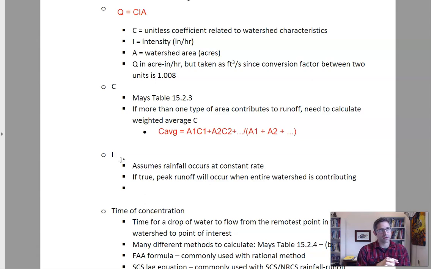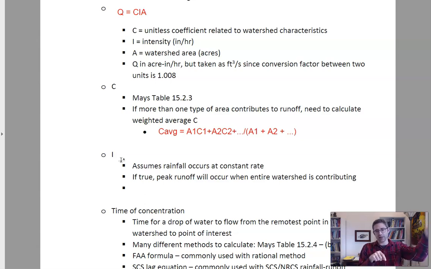So if we're looking at where our storm drain is and we're trying to find what the peak flow is at that storm drain, the storm starts over the whole parking lot. Immediately after the storm starts, within seconds, the flow rate at the drain is not yet at its peak flow rate for that storm, because the only water contributing to the flow rate there is stuff that fell right around the drain.